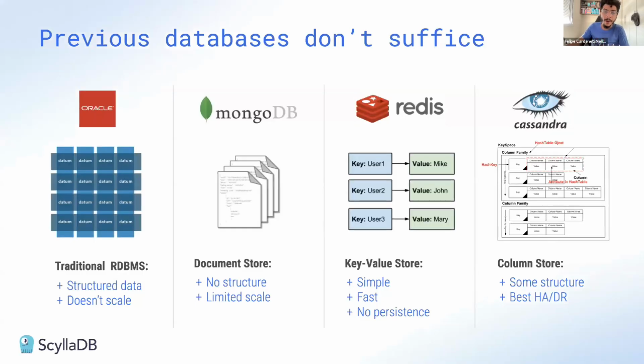So why do we need yet another database? Well, basically because the existing ones we have are not enough. For example, if I talk about relational databases, we know that they can only deal with structured data, and after a certain tipping point, they won't easily scale.